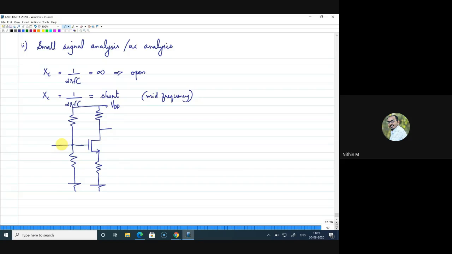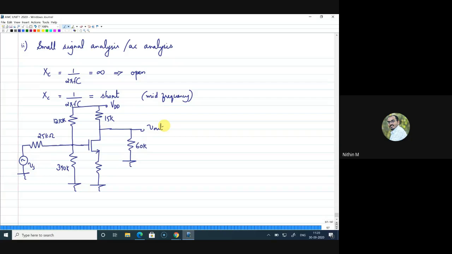I will replace the capacitor with a short, keep the other resistors there, and provide the signal here. This is Vs, and this is 25 kilo ohm. This is 390 kilo ohm, and this is 1210 kilo ohm. Here it is 15K. Now, if you look at the output side, there also one capacitor was there, and that will also act as short. Now we put 60K here, and this is Vout.